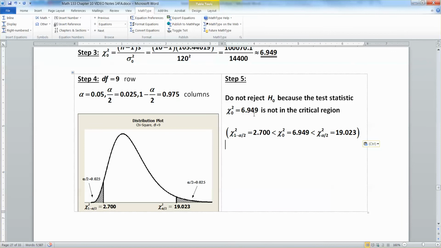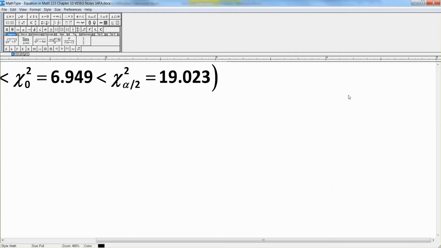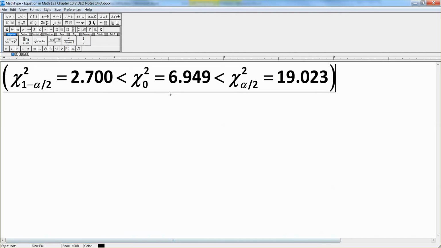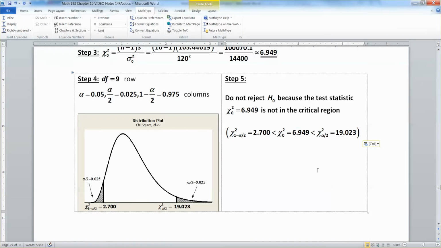This means that for step 5, we are not going to reject the null hypothesis because our test statistic, which is chi-square equals 6.949, is not in the critical region. That's those two gray tails. In other words, it's between the two chi-square values, and that's what I wrote here mathematically. And therefore, we're not going to reject.